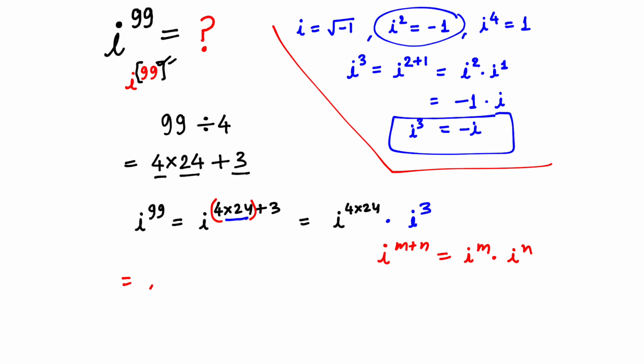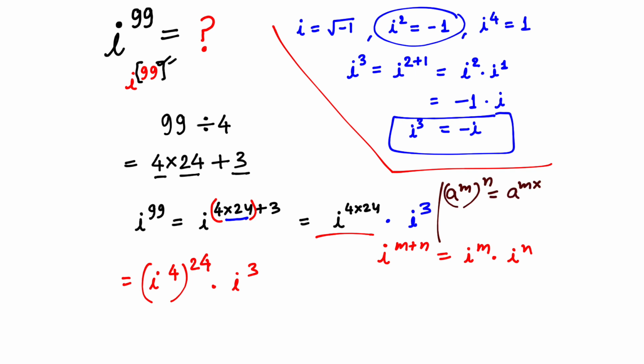So then we have i raised to the power 4, and it can be written like this: the whole raised to the power 24, multiplied by i raised to the power 3. Again, we can recollect the formula, where you can replace i by any number. Let it be a raised to the power m, and then the whole raised to the power n means a raised to the power m multiplied by n.